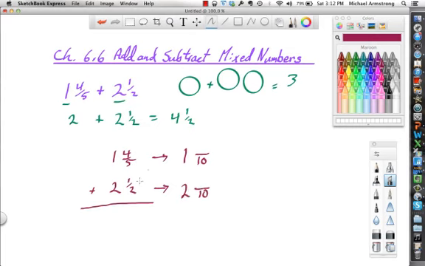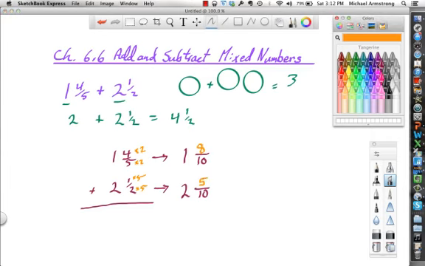We have to figure out how to take 4/5 into some number of tenths. So we do that just like we have been. 5 times 2 is 10. So 4 times 2 is 8. Okay, and down here, 1/2. Half times 5 is 10. So 1 times 5 is 5.